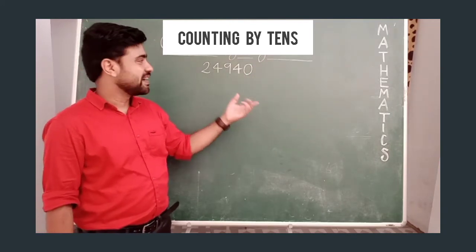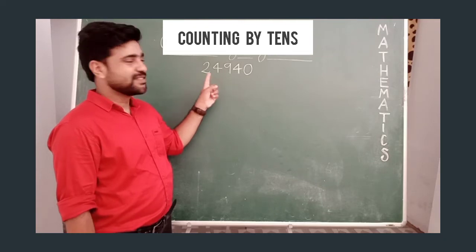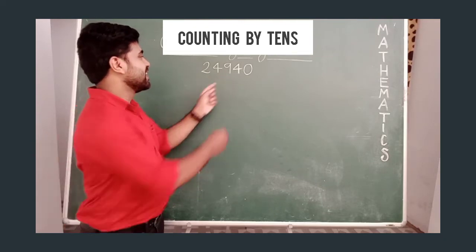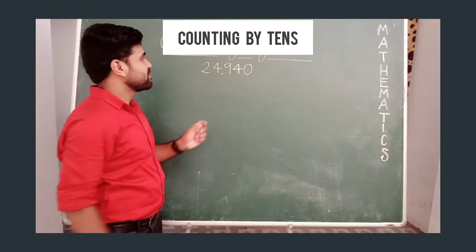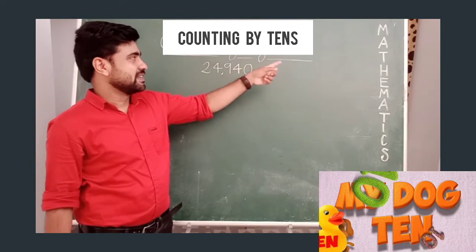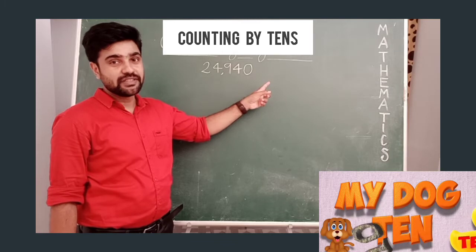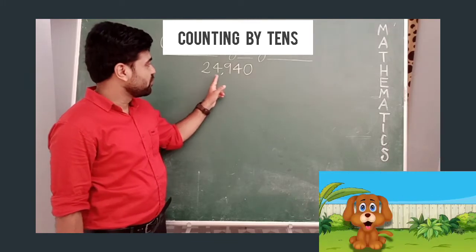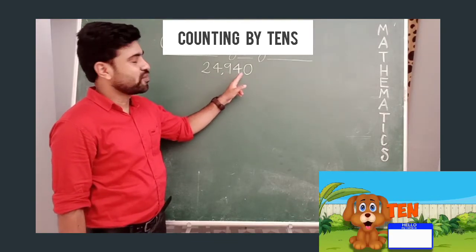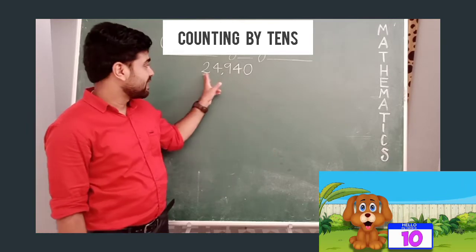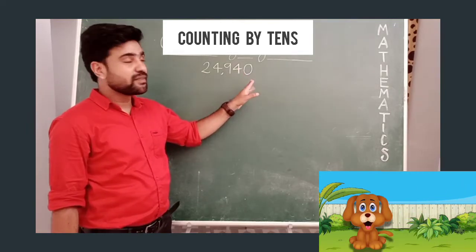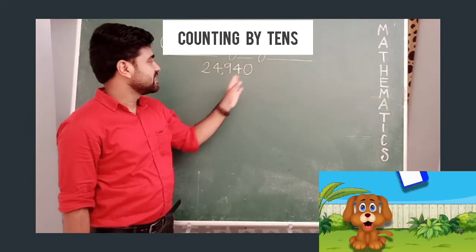We have a number on the board. It is 24,940. Counting by tens, write next four numbers from 24,940. We will get a number like this and the question will be counting by tens.